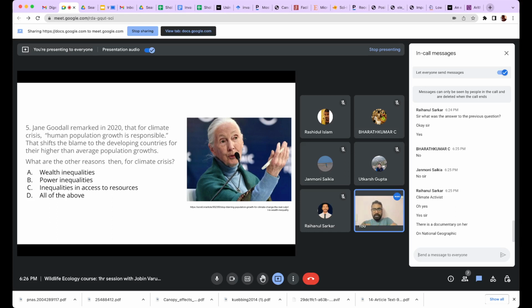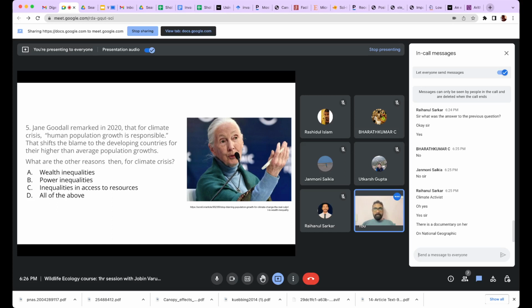But very recently she made this comment that human population growth is responsible for all the climate crisis happening in the world right now. I don't know why she made that comment, but people have lashed back at her, saying it's no use blaming the developing countries who have a higher than average population growth, when the real reason the climate crisis is happening is inequality.